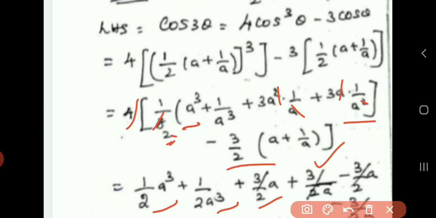And then I have minus 3 by 2a and then minus 3 by 2a. And then I want to cancel those terms. 3 by 2a and minus 3 by 2a can be cancelled here. These two terms will be cancelled and these two terms will be cancelled.